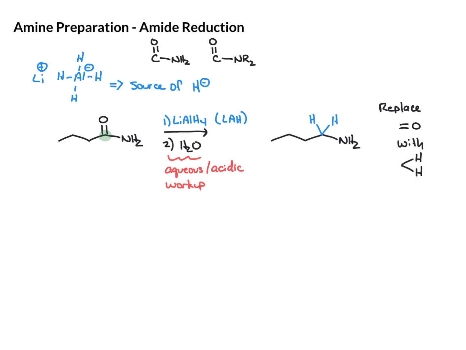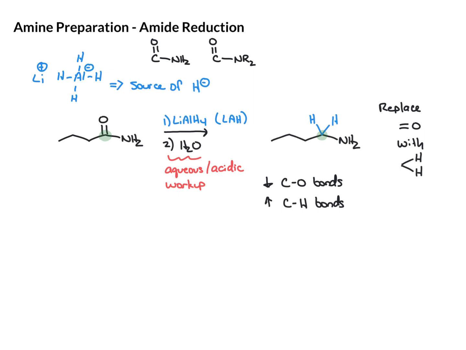And this also fulfills our definition for a reduction, because at that carbon that I've highlighted in green, the net result is that we have decreased the number of carbon-oxygen bonds. We've increased the number of carbon-hydrogen bonds. So that is in fact a reduction.